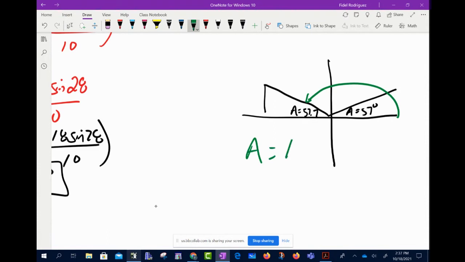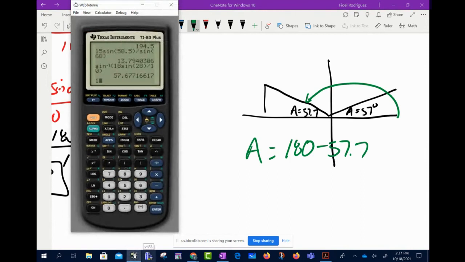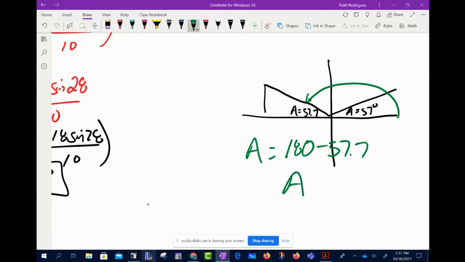So the way I would find that is I would say, let me take 180 minus 57.7. So I'm going to do that right here, 180 minus 57.7. And I'm coming up with 122.3.